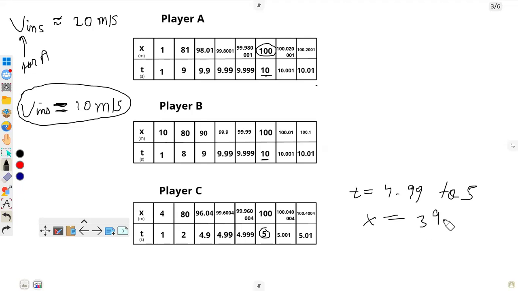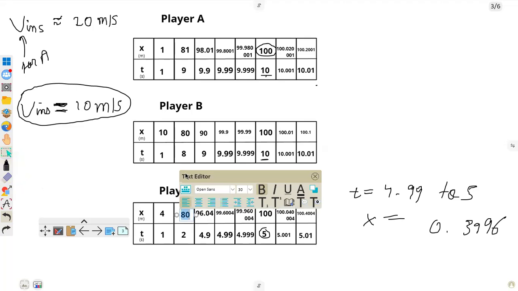Okay, it will come out to be 39 point, sorry, it will come out to be, my bad, it will actually come out to be 0.3996. So what is our speed?